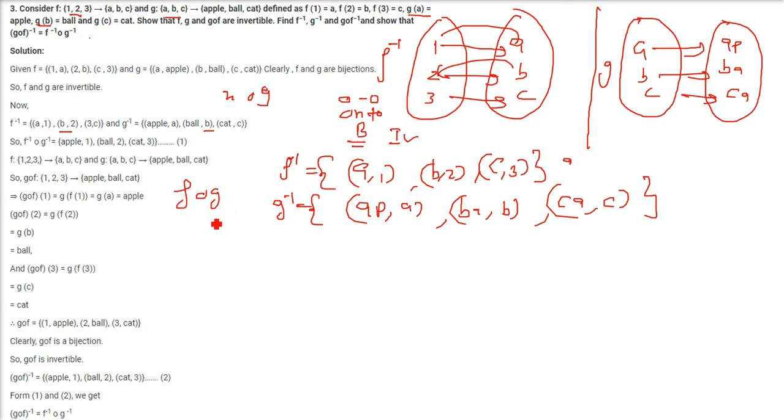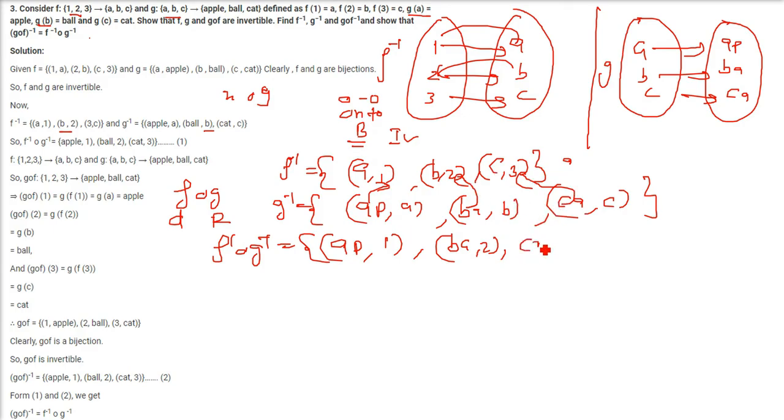Apple will match to 1, ball will match to 2, and cat will match to 3. So f inverse operation g inverse will be apple comma 1, ball with 2 and cat with 3.